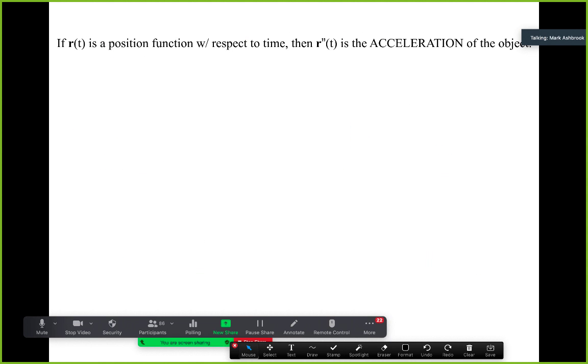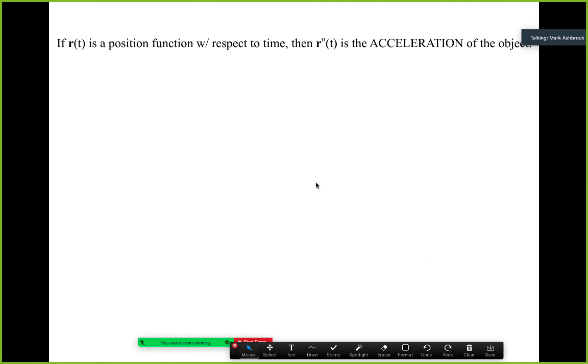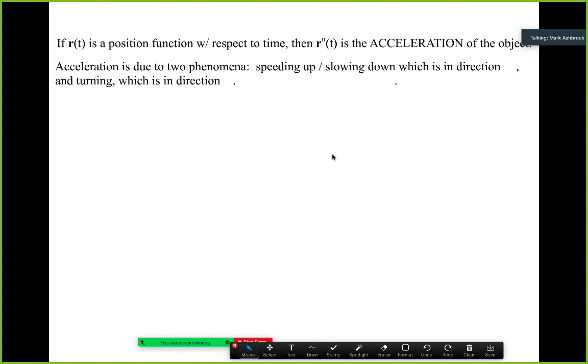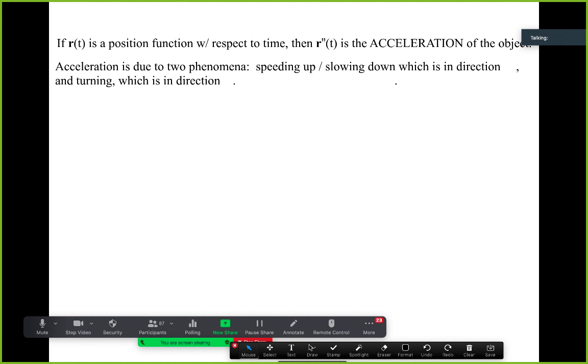We said that if r is the position function with respect to time, then the second derivative is the acceleration. And just to reiterate one more time, acceleration of an object is due to two phenomena, speeding up and slowing down. What direction is that in? Tangent. Right. The direction of the velocity, r prime, which is the same as the direction of T.